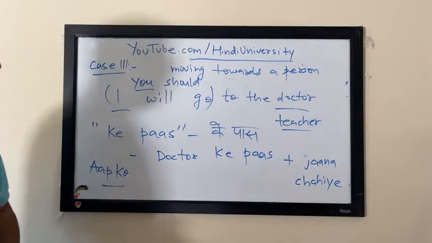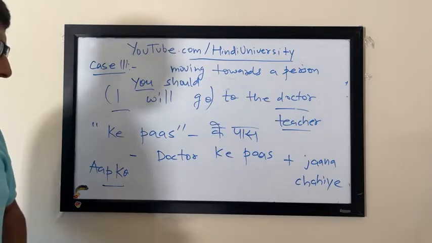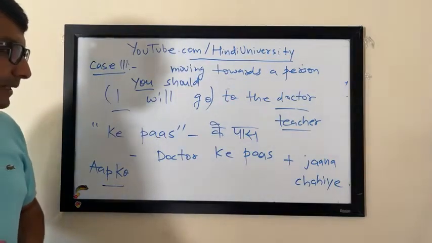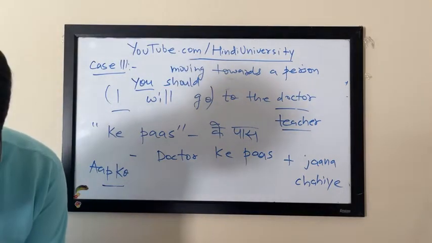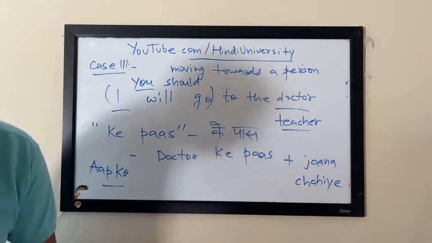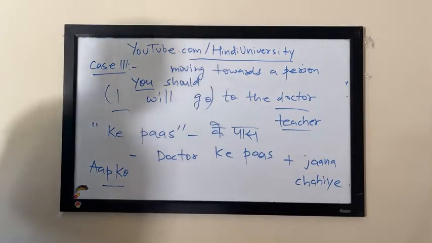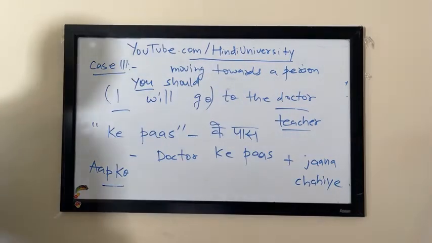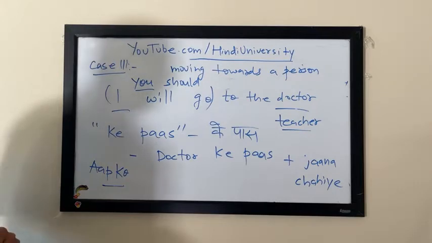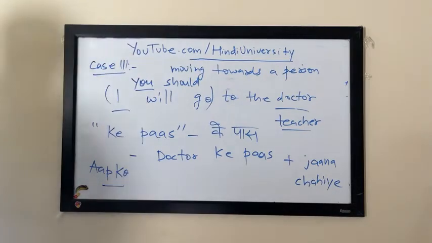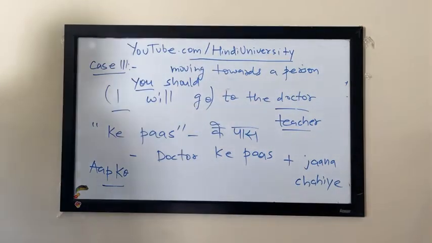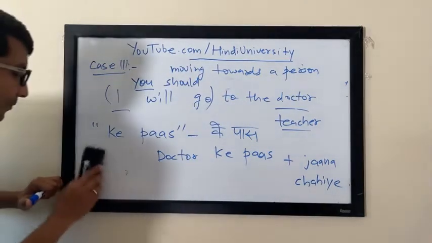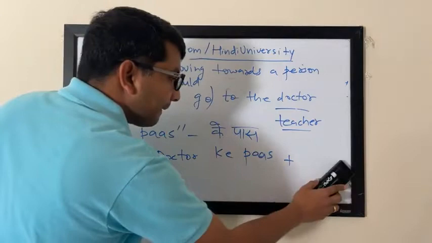Okay, आपको डॉक्टर के पास जाना चाहिए. Okay, let's say what else can we change here in this structure? I'm just thinking out loud, how I can simplify this one. Okay, मैं डॉक्टर के पास जाऊंगा. I'm gonna make it simple again.